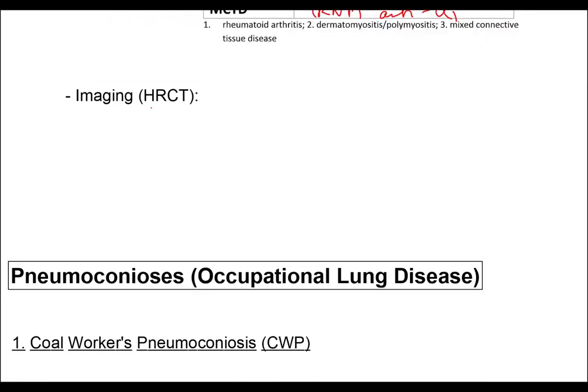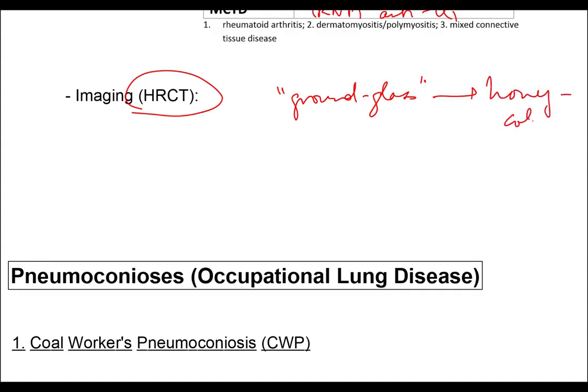But remember, at the end of the day, high-resolution CT scan is going to be the absolute characteristic test for all of these. All of them present with fibrosis, which on CT is called ground glass. And remember, as the disease evolves, it evolves into a honeycomb pattern.